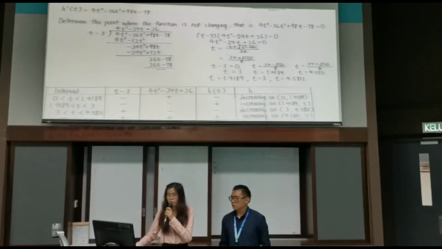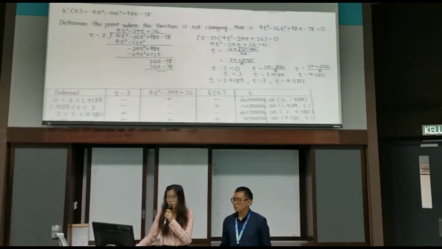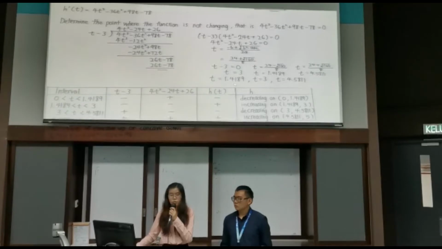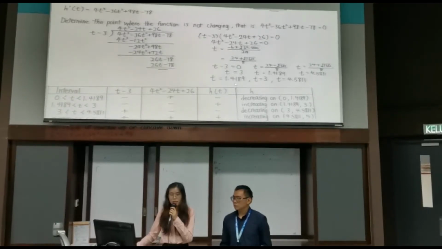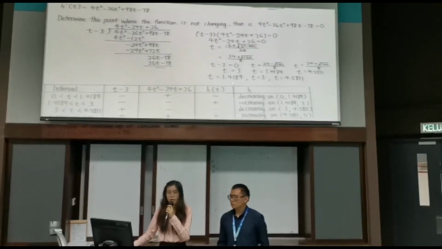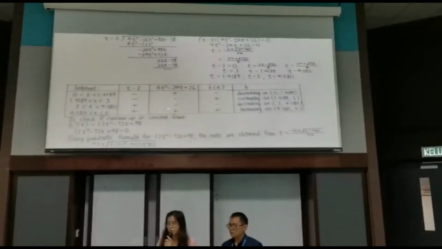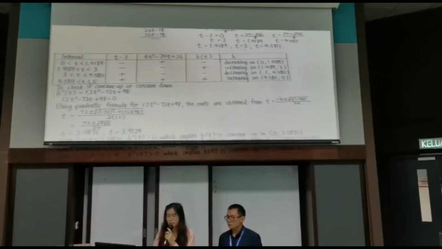We are going to use the quadratic formula to get the roots of t, which are t equals 1.4189, t equals 3, and t equals 4.5811. So we have to determine the signs from the four intervals in the table.